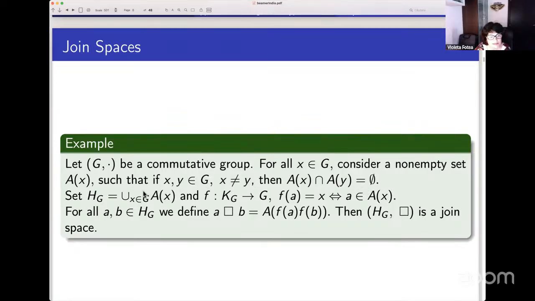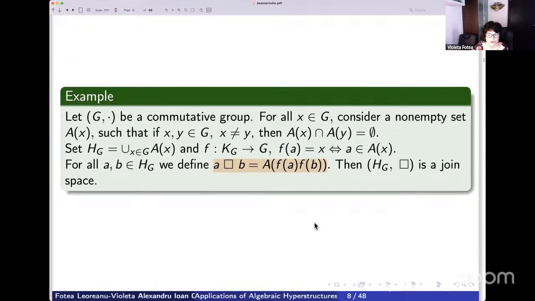Then we consider the union of all A of X for X an element of G, and we use this map F. The map F has this property: F of A is X if and only if A is an element of capital A of X. We can define this new hyperoperation, A square B is this set, capital A of F(A), F(B), and in this manner we obtain a Jones space.